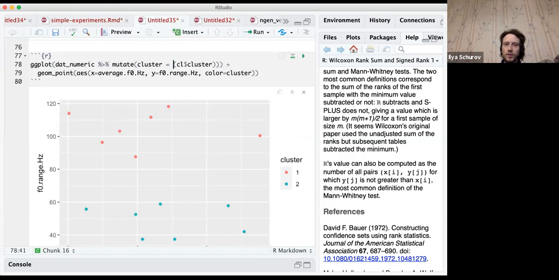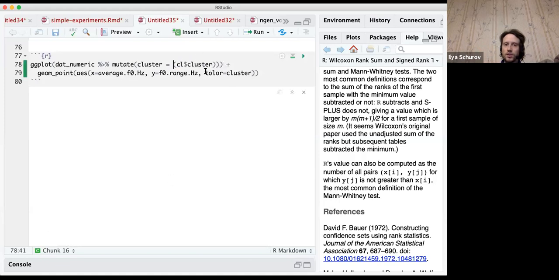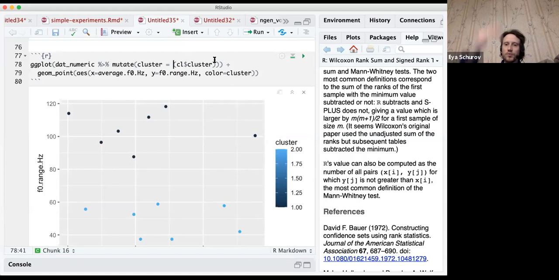If I remove this as.factor, it just thinks that this variable is some numeric variable that changes from 1 to 2. And it creates different visual representation of this variable. It assumes that it is some variable on some continuous, numeric scale. So this is just a way to say to R that this column will be categorical. Okay.